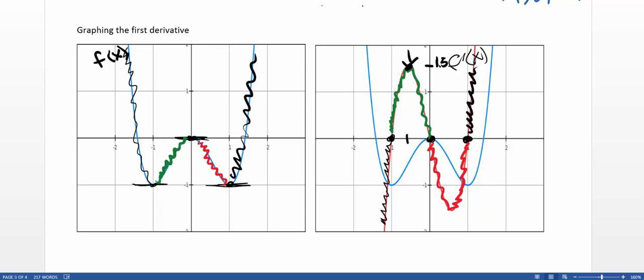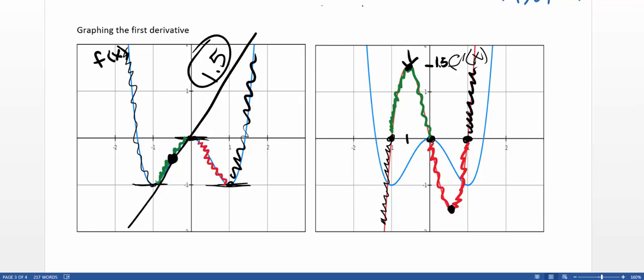So if I go to my original function and I go to -0.5, I'd want to approximate the slope of the tangent line at -0.5, which is something we were doing earlier today. So I would draw on the tangent line, I'd find 2 points on that tangent line, and I'd approximate the slope of that line. And when I did, I would approximate that it was approximately 1.5. So that's what would tell me how high to go.